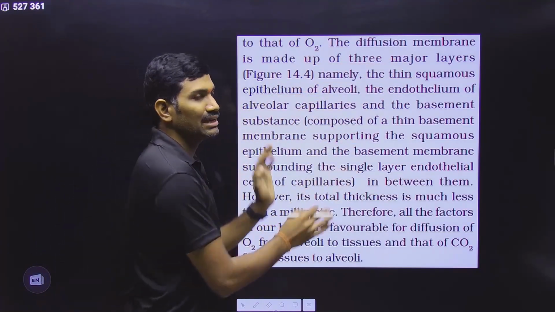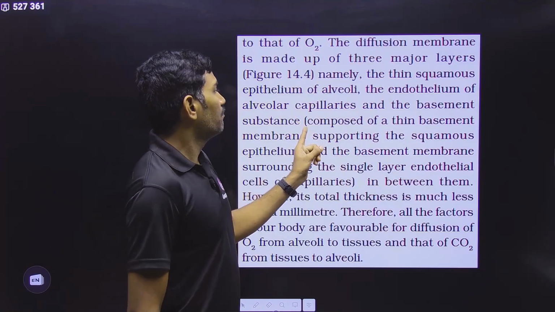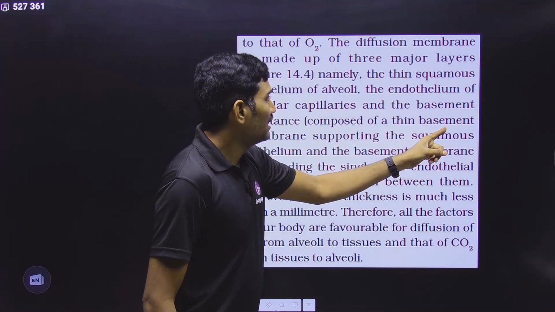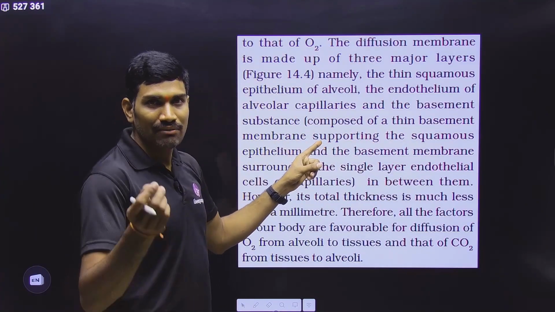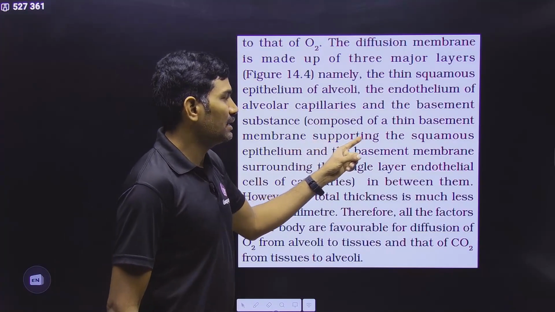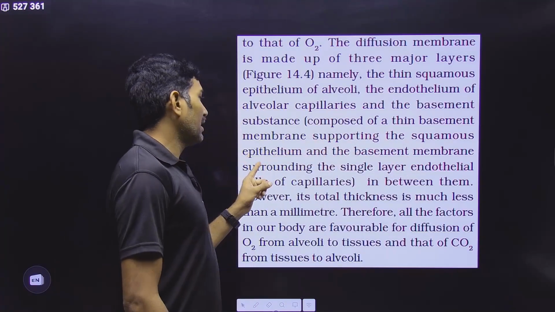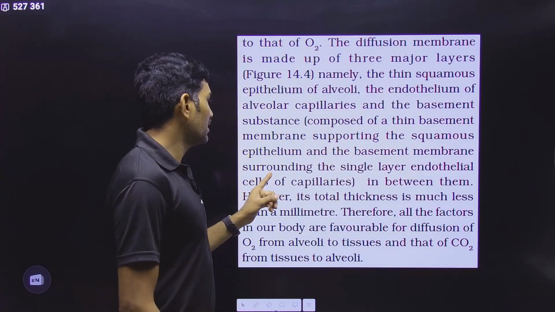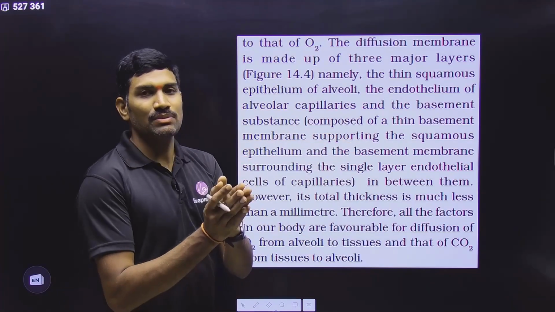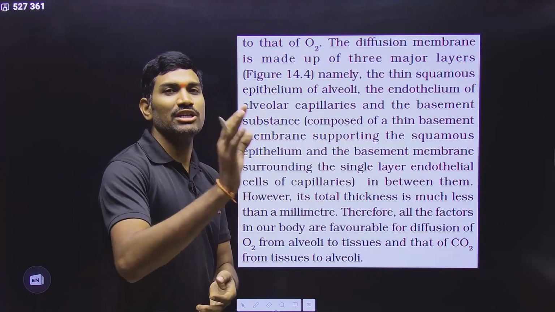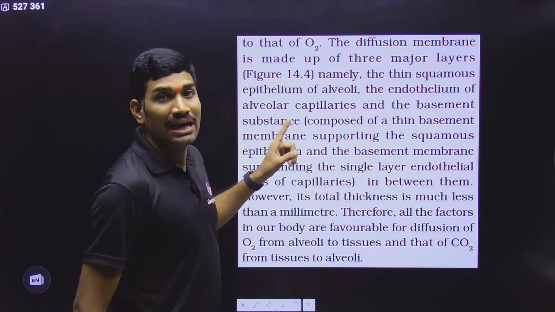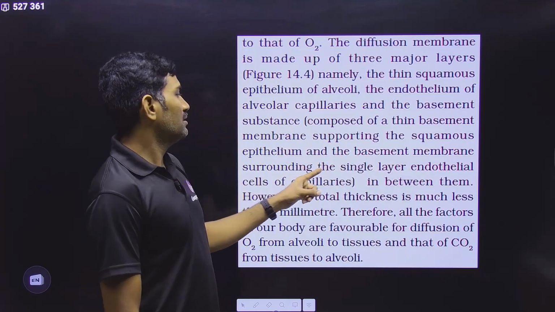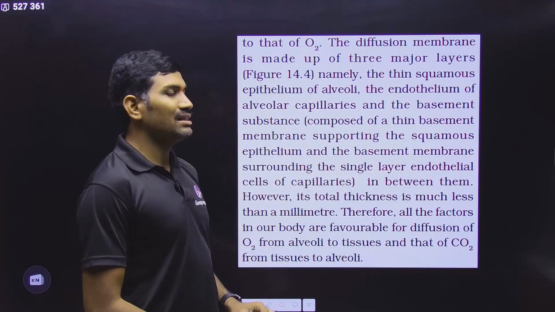Regarding basement membrane, they gave some points. Basement substance is composed of a thin basement membrane. It is a thin membrane that is supporting squamous epithelium. Squamous epithelium is present on both the sides and it is providing support for the squamous epithelium, and the basement membrane surrounds the single layer of endothelial cells of capillaries.